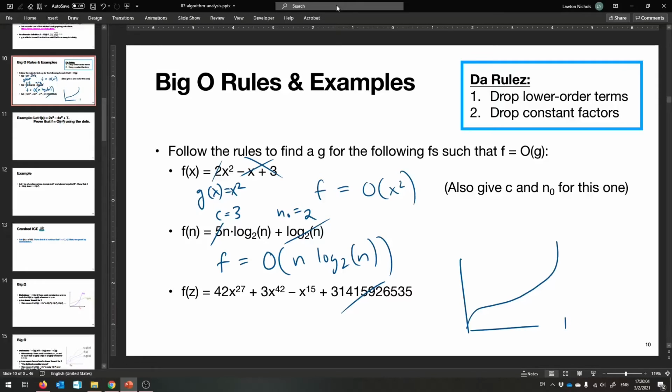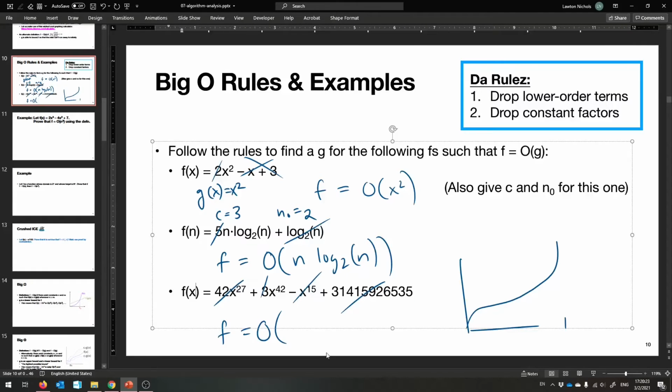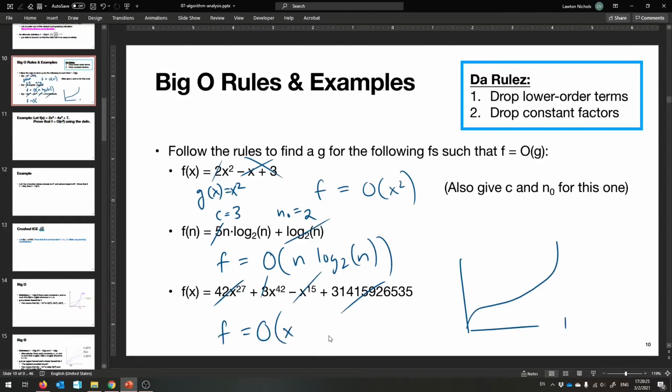Okay, now we drop lower order terms. 15 goes away. I tricked you here because 42 is there. Let me get rid of the 27. And so 42 wins out, and it's 3. So f is big O of, oh shoot, I said f of z here. F of x. When x, it's x to the 42, okay?